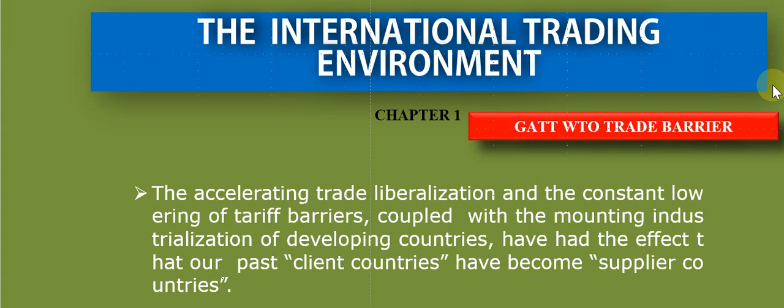So they felt the necessity to lower the tariff. They gathered and settled on a lower tariff policy that could be applied all over the world. That is called GATT, General Agreement on Tariffs and Trade.